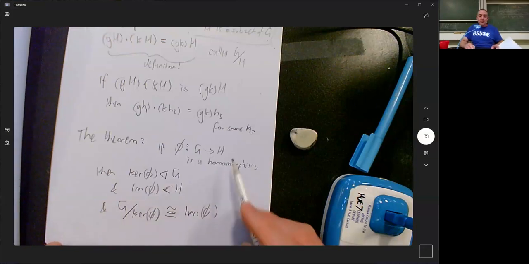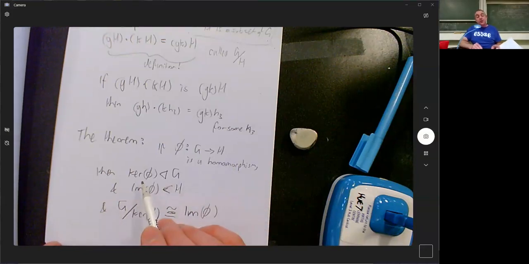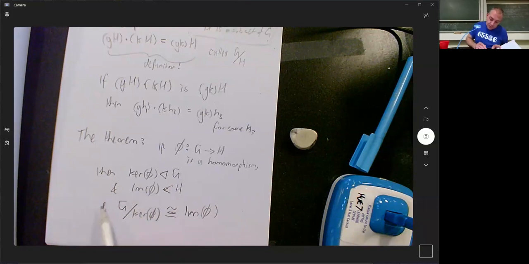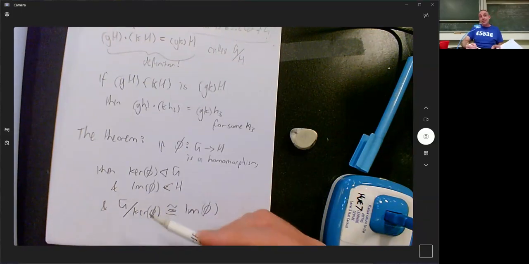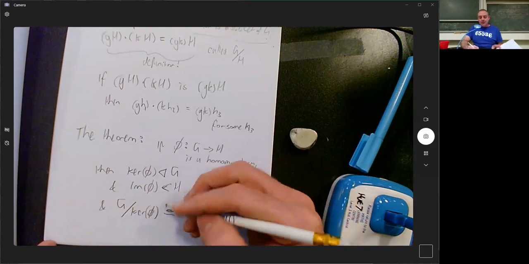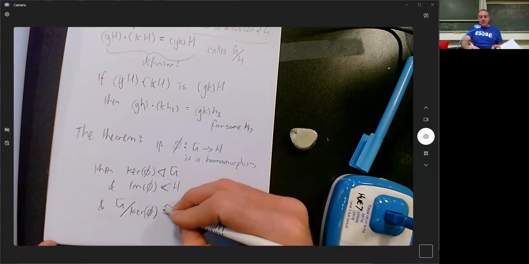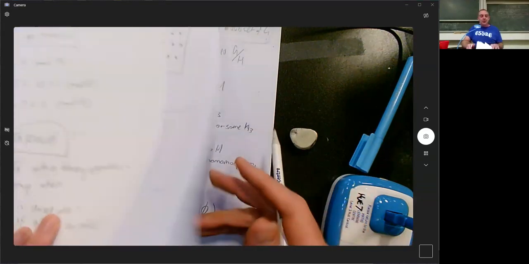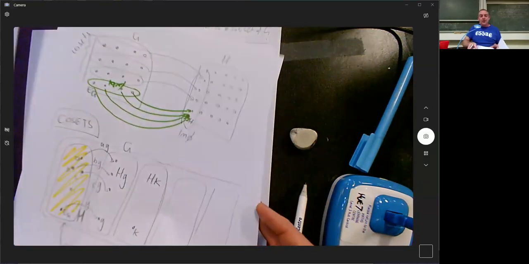And so if you make a homomorphism, you are guaranteed for the kernel to be a normal subgroup of G, and you are guaranteed for the image to be a subgroup of H, and you are also guaranteed that when you do the quotient group by making the cosets of the kernel, you will get the same shaped group as the image of phi, which is what this diagram here was trying to get at.